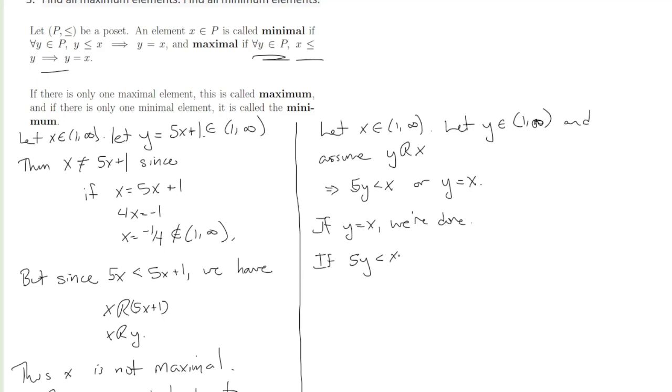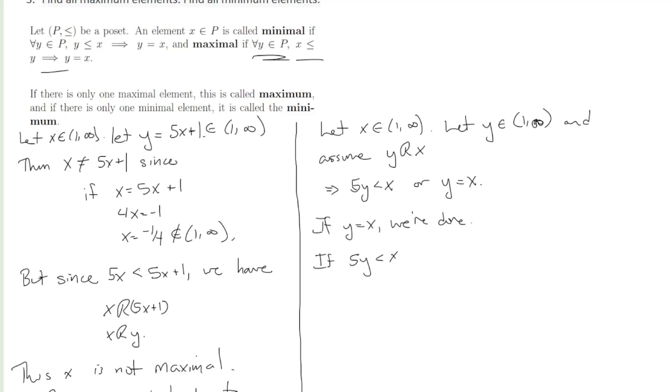No, of course not, right? x is some fixed number that I'm claiming is minimal. Can I guarantee that 5y is always less than x? No. If x is too small, then 5y is not going to be less than x. Right? If x is too small.